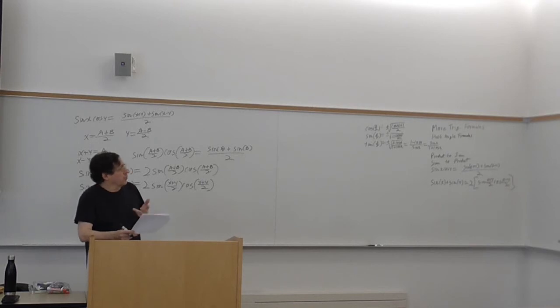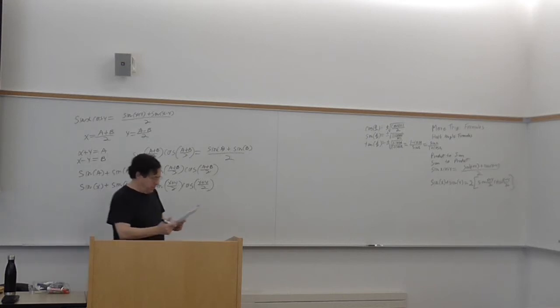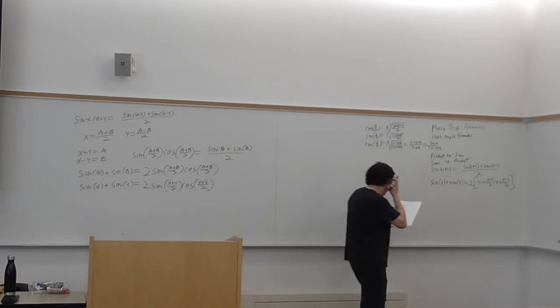So we have 4 product to sum rules. Using this same substitution, we're going to end up with 4 sum to product rules. In particular, I want to write this one down.